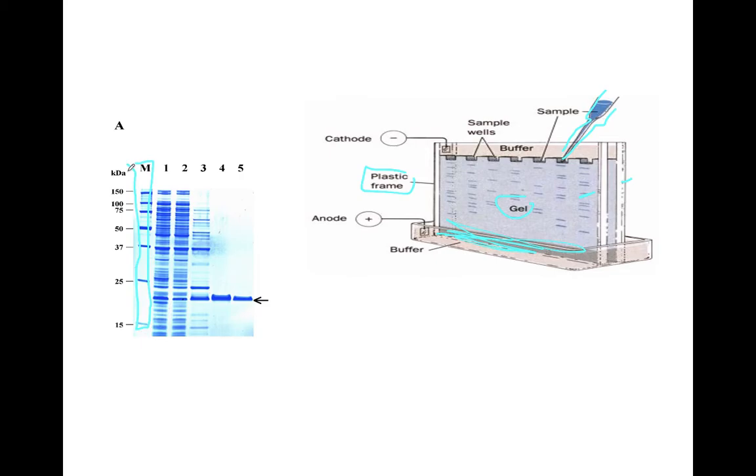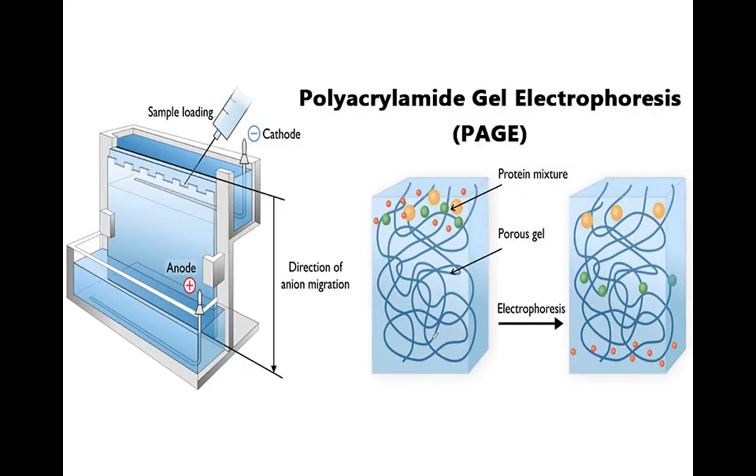One point I want you to remember in this slide is that here you have a larger mass, and here you have small molecules. Of course the small molecules will go faster. The large particles stay up because they are large, and at the same time the charge will affect it. So the heavy one will not migrate as much.